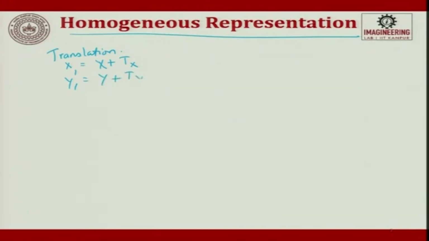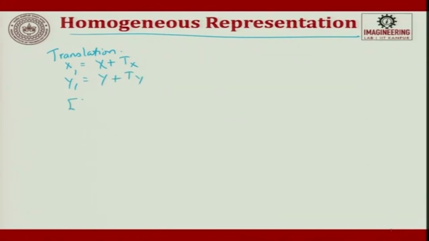So, let us look into the homogeneous matrix representation of the various operations we have studied till now. Translation is nothing but x1 is x plus tx, y1 is y plus ty.